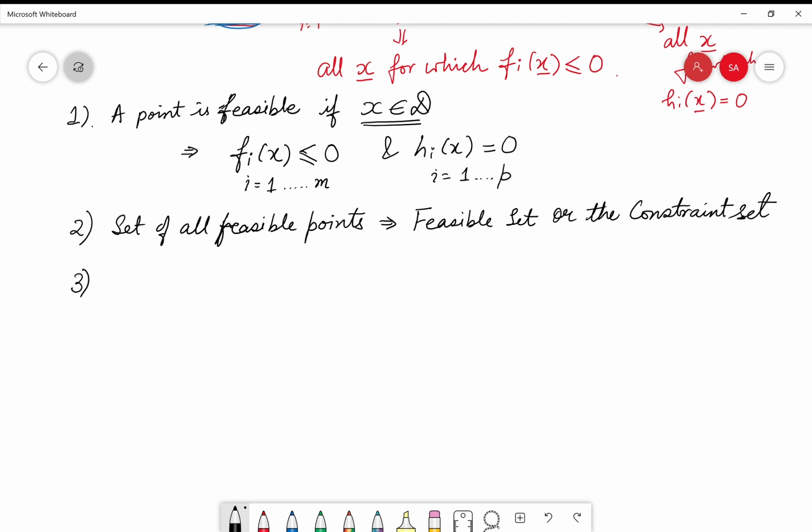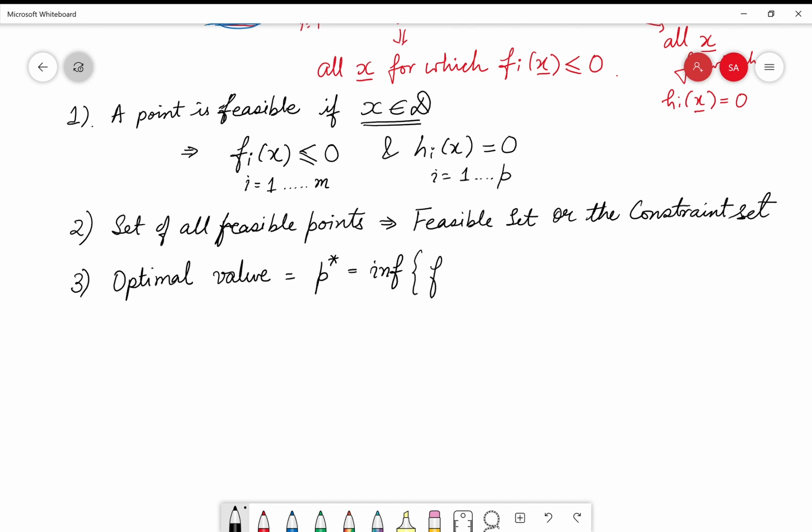Now the third thing is, what is the optimal value of the function? So optimal value, let me denote it as p star, which is equal to the infimum. Infimum is equivalent to minimization.